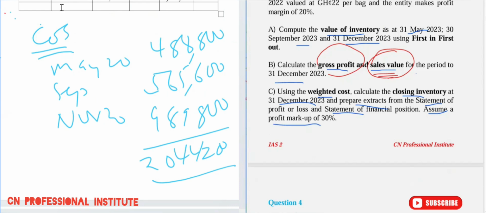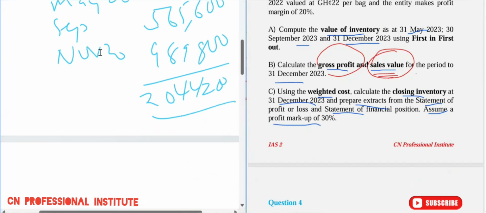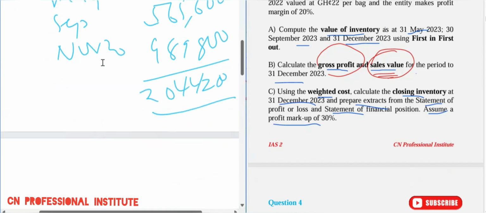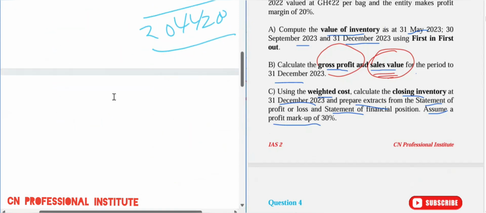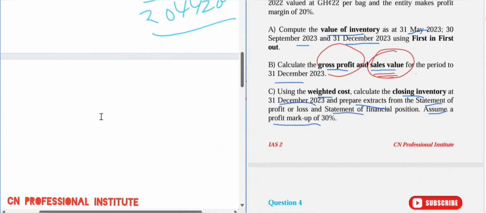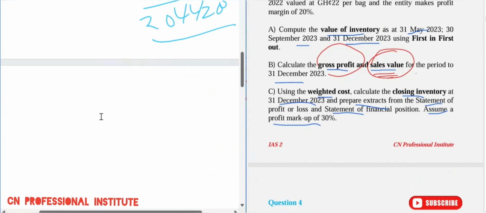And the next requirement is we are to prepare our extract. So we need to get our profit. This figure, 2,044,200, is the cost price, right? So how do we get the profit?